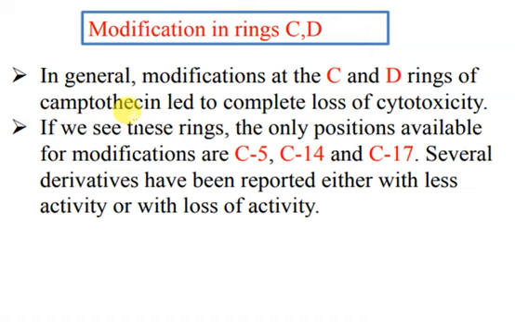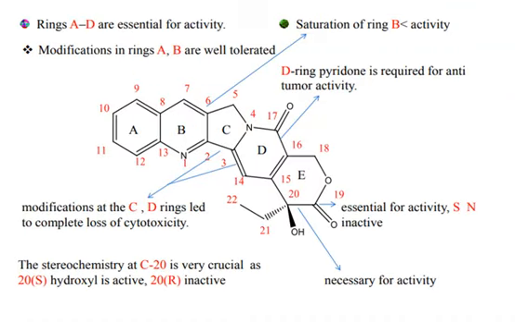So we have studied the C and D rings. If we change the modification, there is loss in activity, so we don't carry out many changes in the C and D rings, right? In these rings, the only positions that are available for modification are C5, C14 and C17, right? So here, this is C5, C14 and C17.